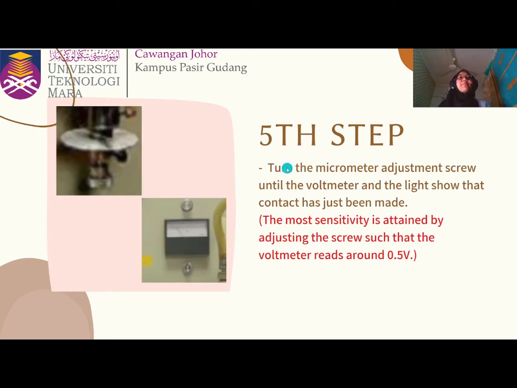For the fifth step, turn the micrometer adjustment screw until the voltmeter and the light show contact. That contact has just been made.